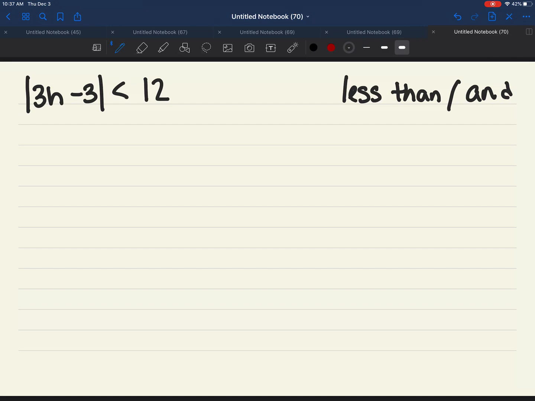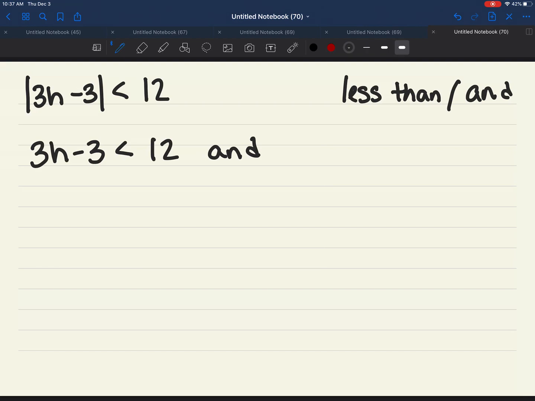Does anyone think they know what the two inequalities might be, or even what the first inequality you might write would be? The first one's an easy one. You already see it. Negative 3, or 3h minus 3 is less than 5. So the first one you just write exactly how you see it. This is an and statement. Does anyone have an idea what the second one might be?